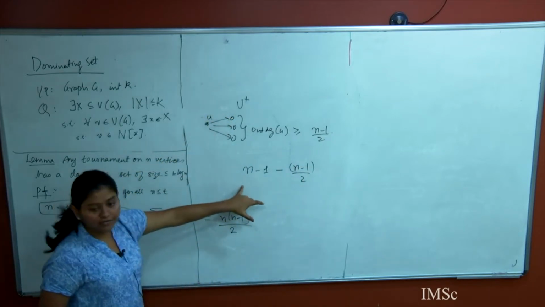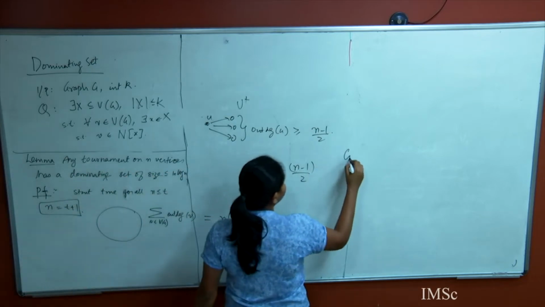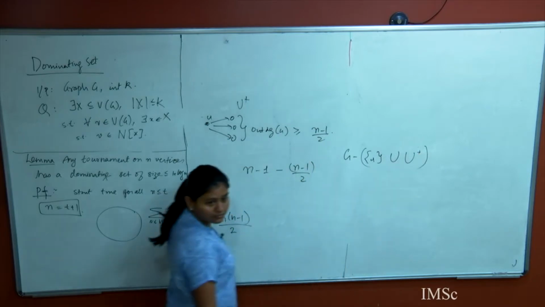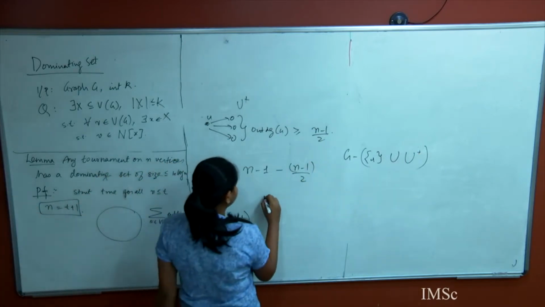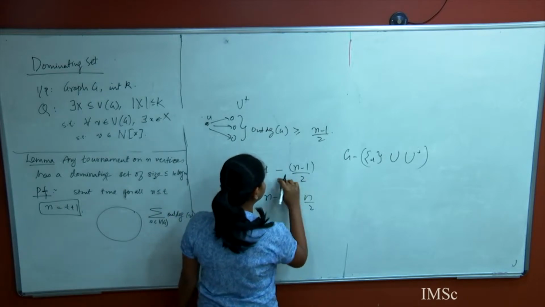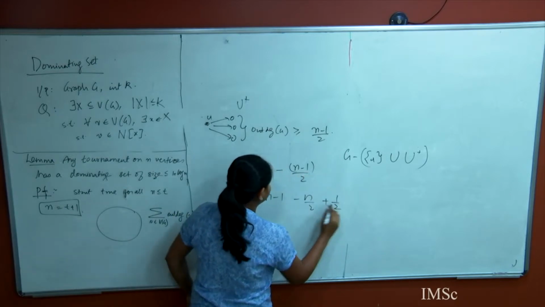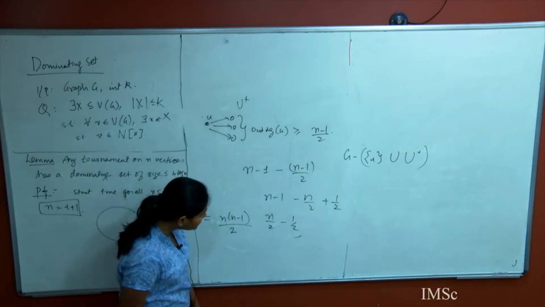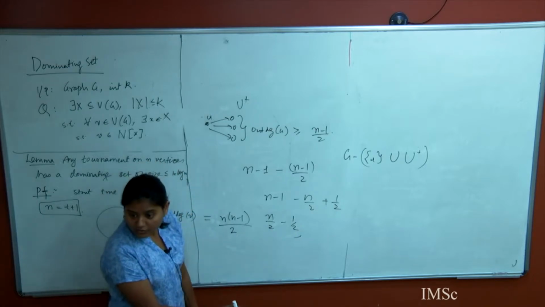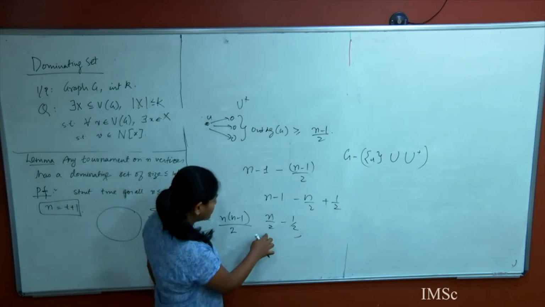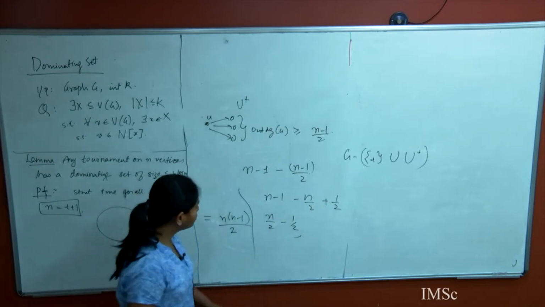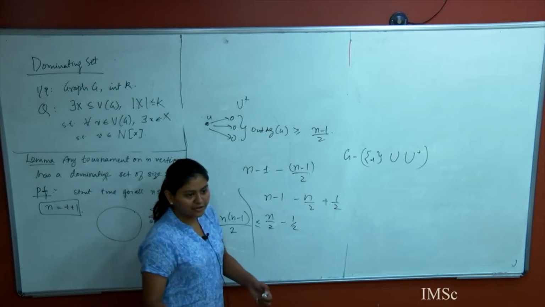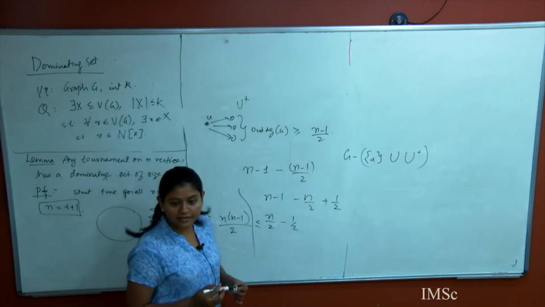So the graph G minus u union u plus has at most n minus 1 minus n by 2 plus half, which is n by 2 minus half. Because the number of vertices cannot be a fraction, it is at most n by 2.